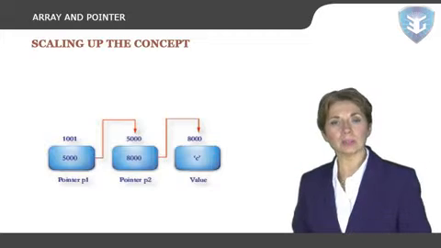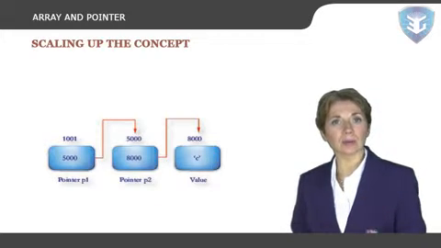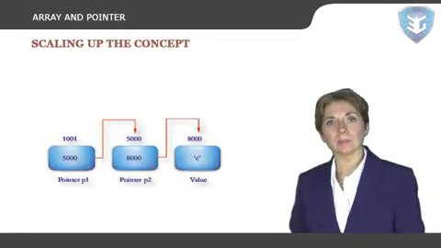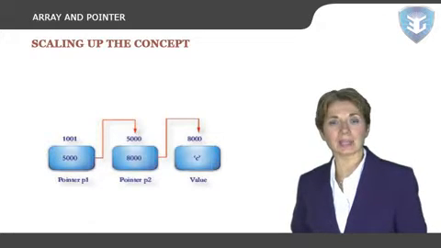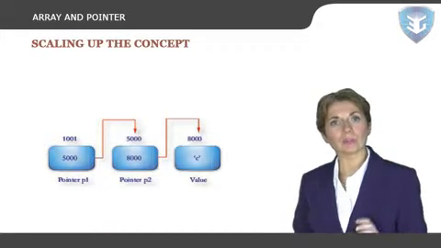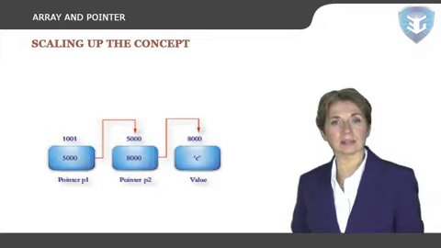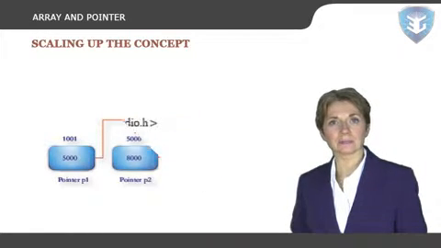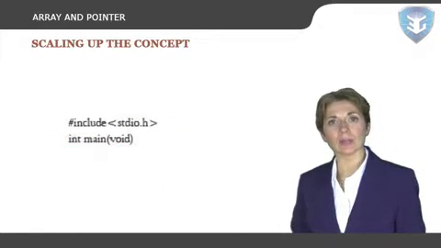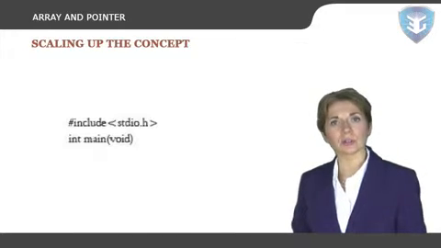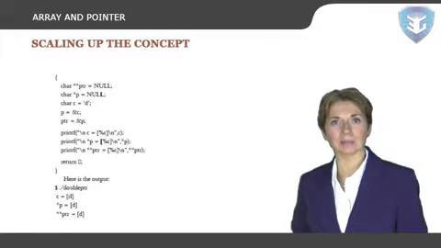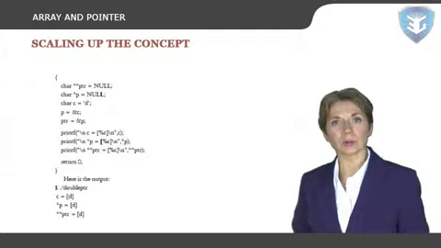A pointer P1 that points to yet another pointer P2 that points to a character CH. In memory, the 3 variables can be visualized as shown on the screen. For better understanding of pointer to a pointer, look at the example on the screen. The output of the program is shown on the screen.